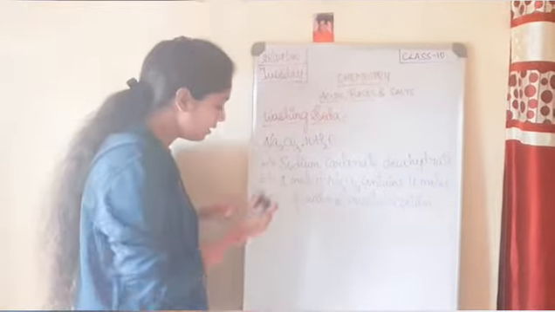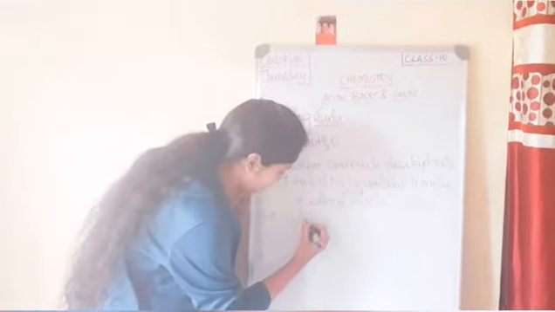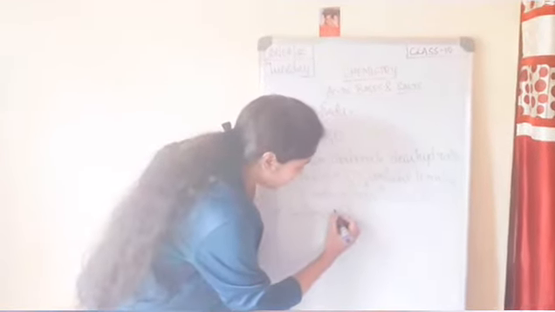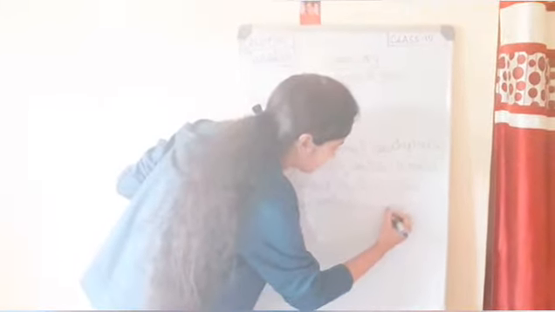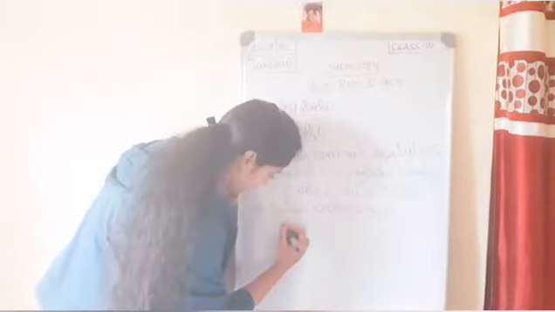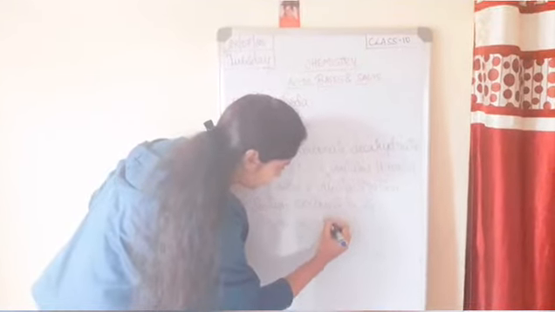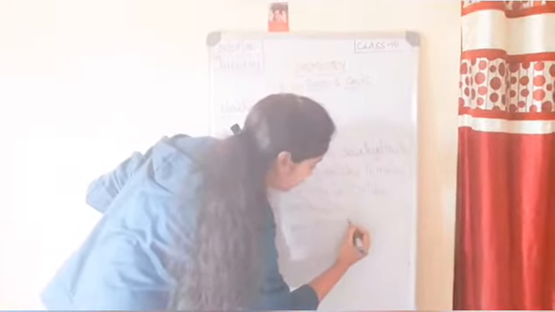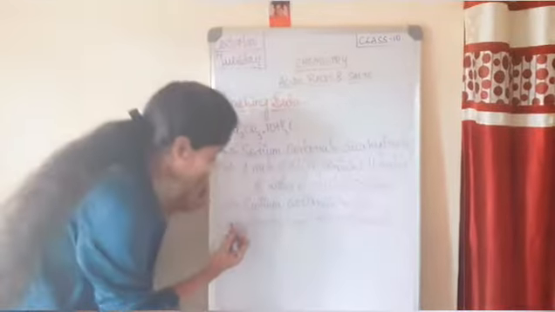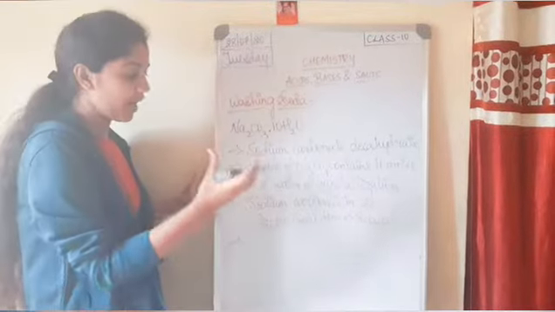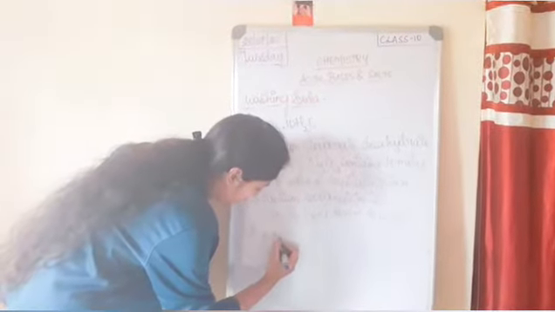Now, the anhydrous form of sodium carbonate is called soda ash. And this soda ash is dissolved in water to get washing soda.